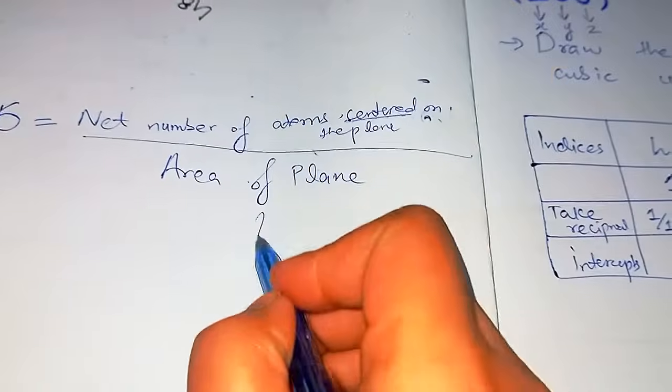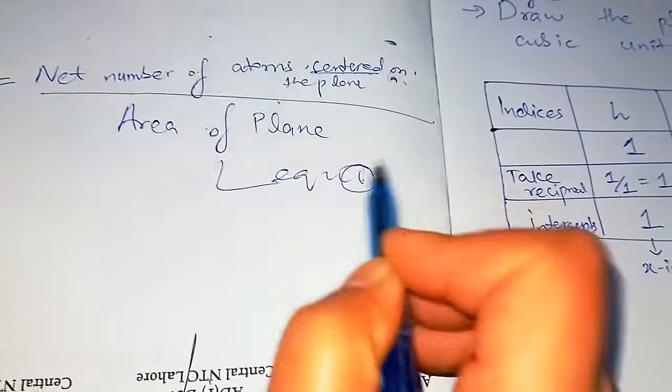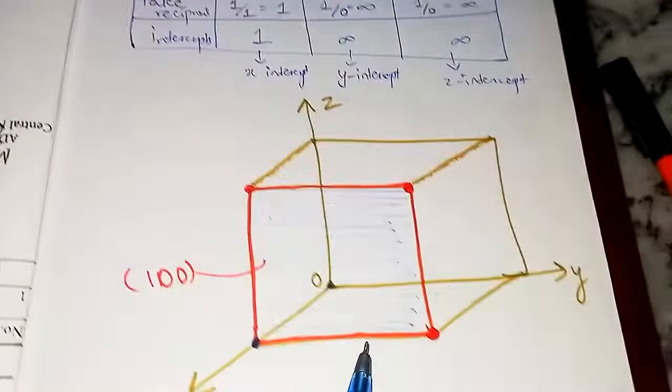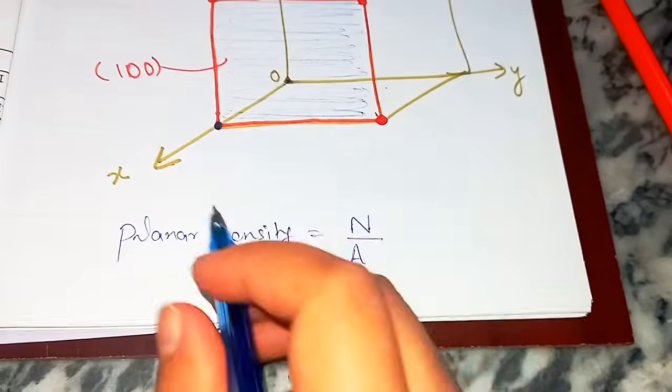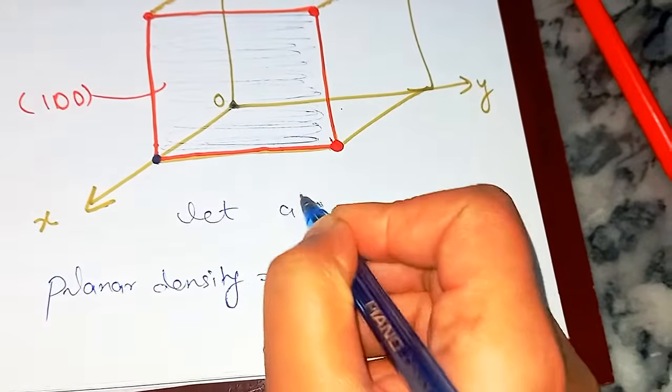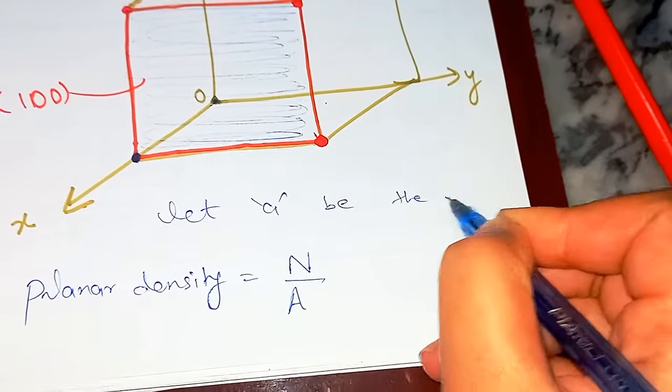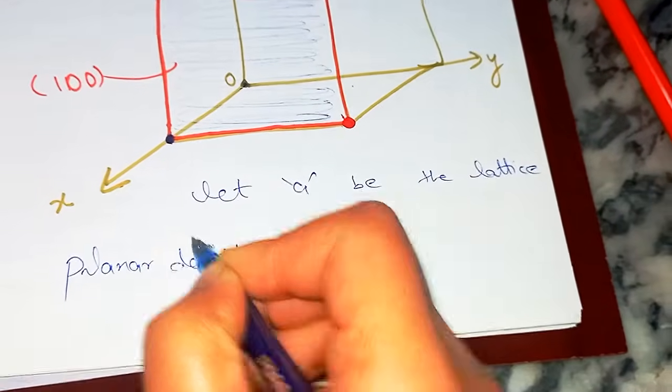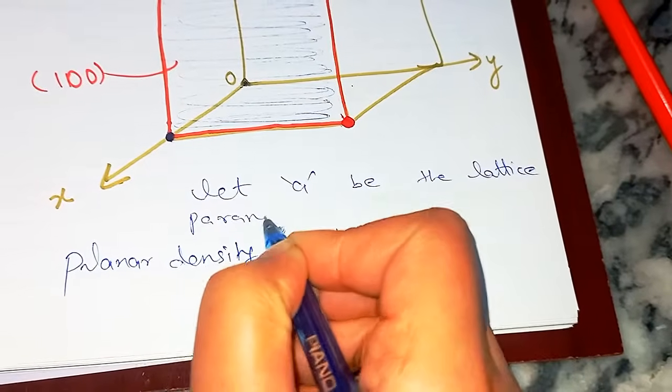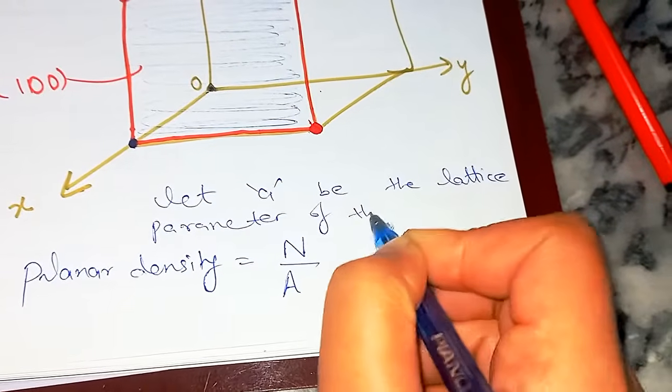You can call it equation number 1. After that, you are supposed to write that let A be the lattice parameter of the cube.